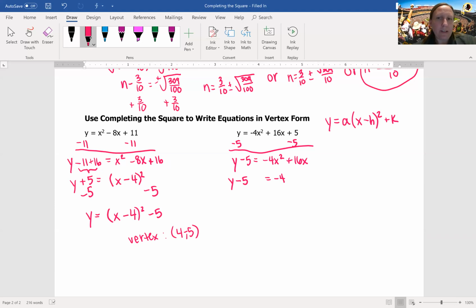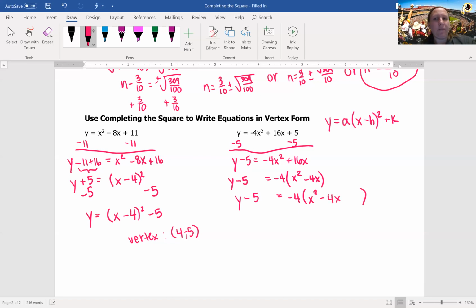So we're going to factor out that -4, which will leave us with x squared, not plus. It's going to be x squared minus 4x. And this is going to be where we actually end up completing the square. So we have y minus 5, sorry, leave some space. Y minus 5 equals -4 times x squared minus 4x.